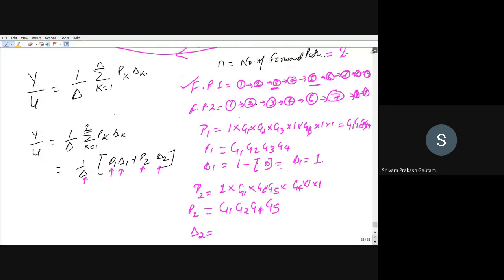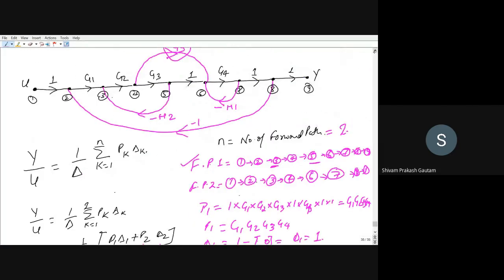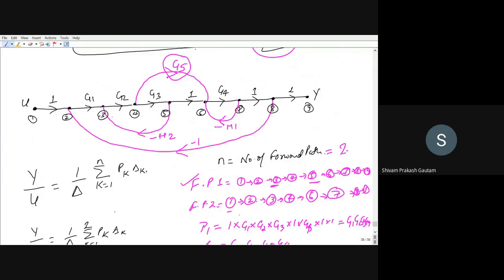Now you have to calculate del 2. Again, is there any loop present which is not touching the second forward path? You can see this is our second forward path. We have this as a loop, which is touching node 4. We have this as a loop, which is touching the forward path. We have this bigger loop, from here to here, but this is again touching the forward path.